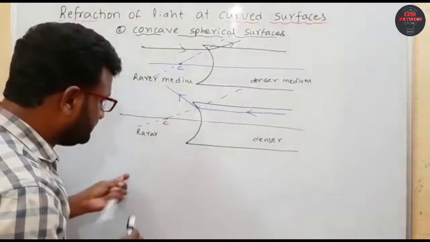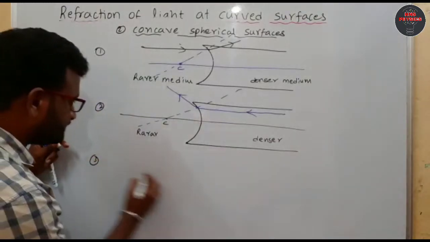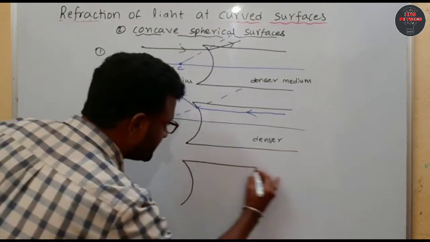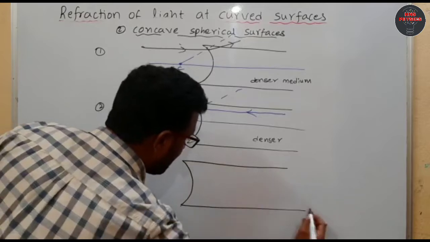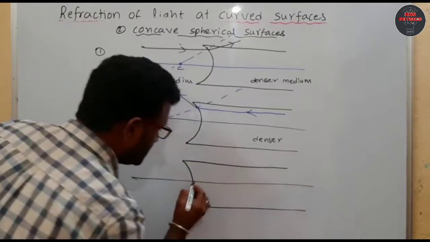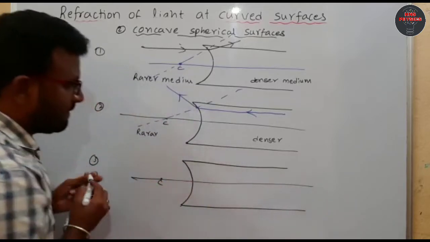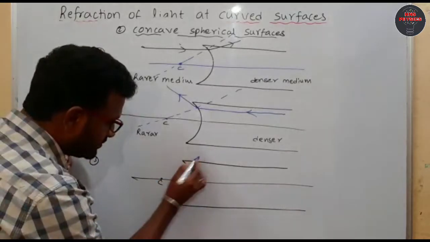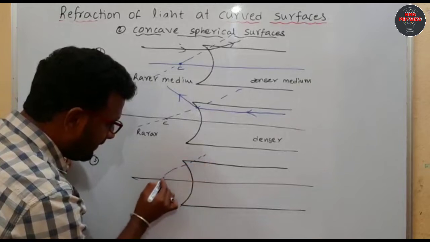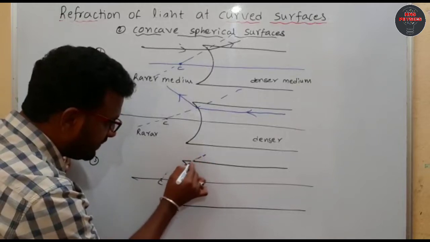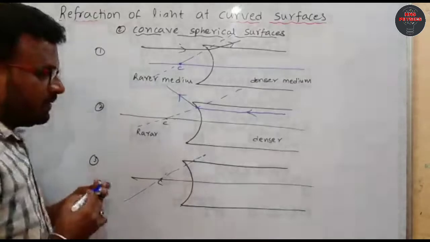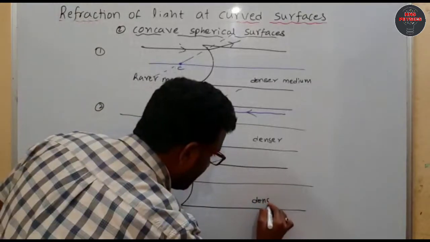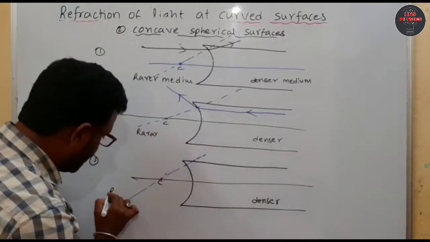Next, come to the third one, rule 3. The concave spherical surface, this is the center. Again if you draw the normal line, it passes through the center of curvature. Again this is the denser and this is the rarer medium.